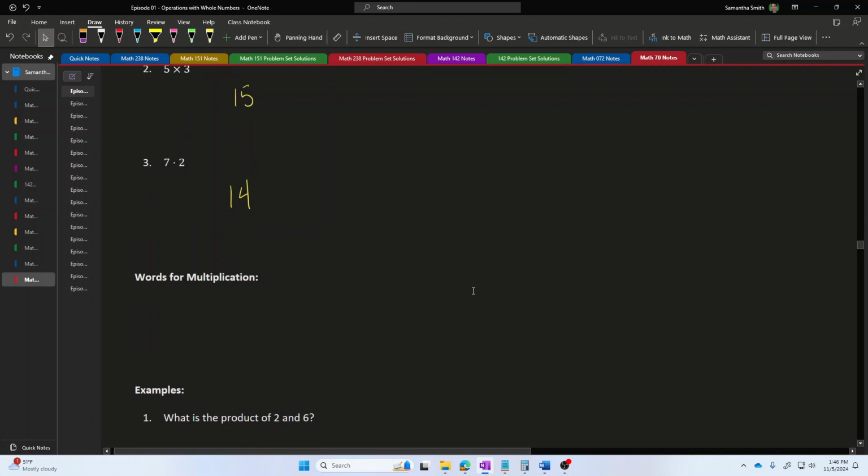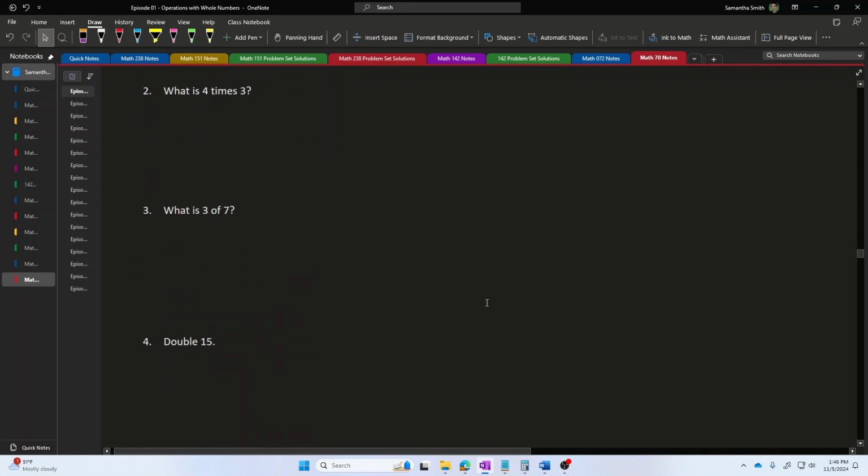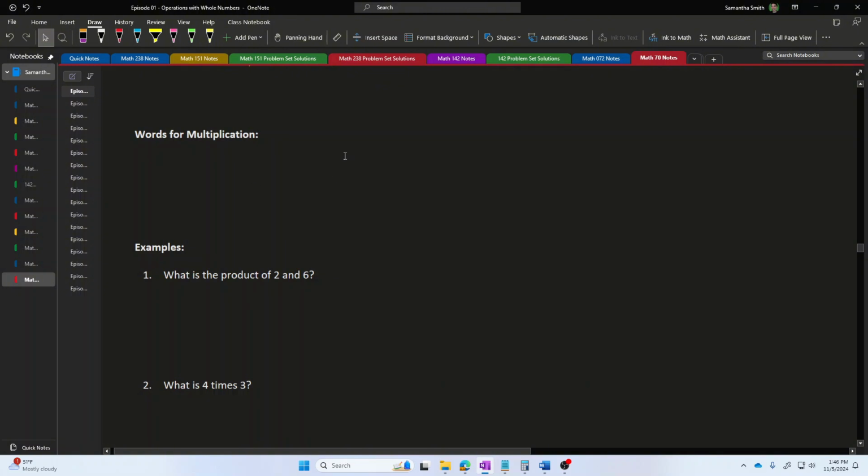Now, what are some English words that are used to represent multiplication? Multiplication can be represented by the English word product. Multiplication is also represented by the English word times.